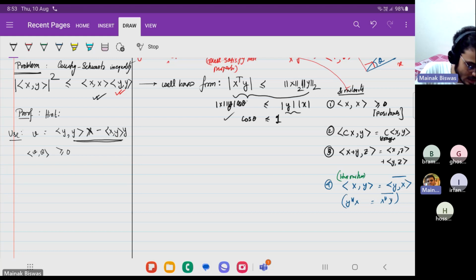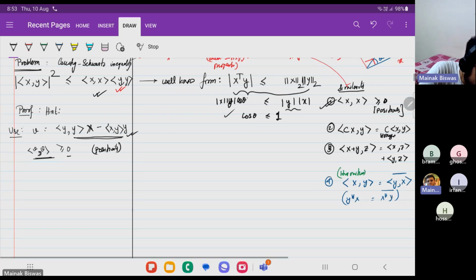But if we take this, do you agree the inner product of V with V is greater than 0? Yes or no? You agree, right? Yes, because from the definition of positivity. See, this is how you need to do abstract proofs. I'll just show you how to do abstract proofs. I'll not be using dot products anywhere, but we'll end up with the results that we want.